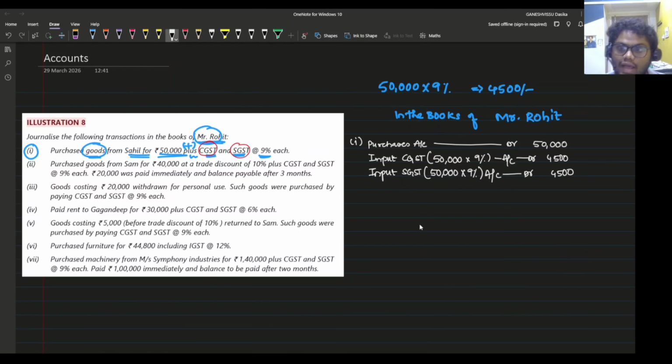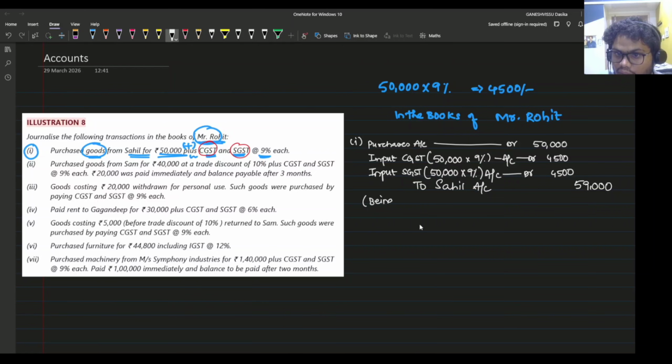4,500. And as Mr. Rohit is purchasing the goods from Mr. Sahil and he did not pay the amount, it is a credit transaction. For a credit transaction, we involve the person's name from whom we are purchasing or to whom we are selling. He has purchased from Sahil, so we write to Sahil account, 59,000.